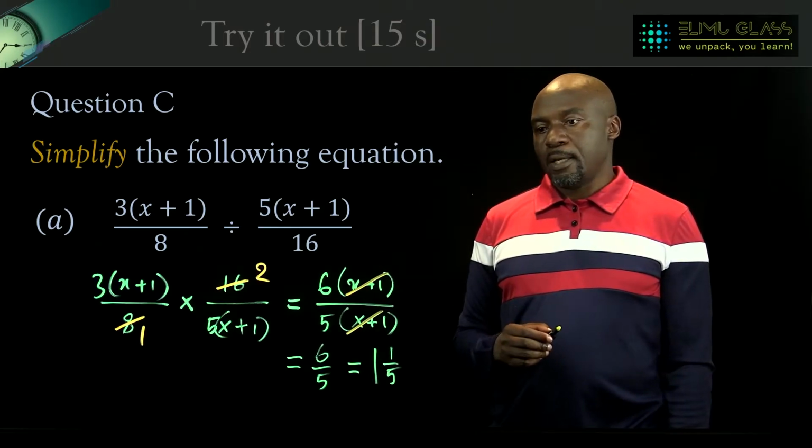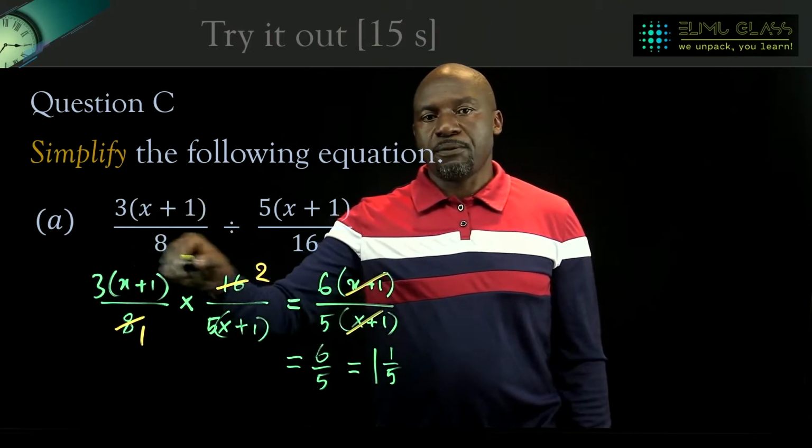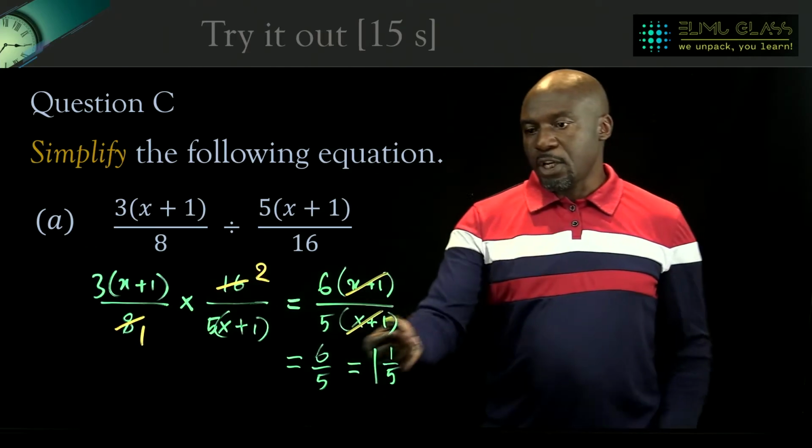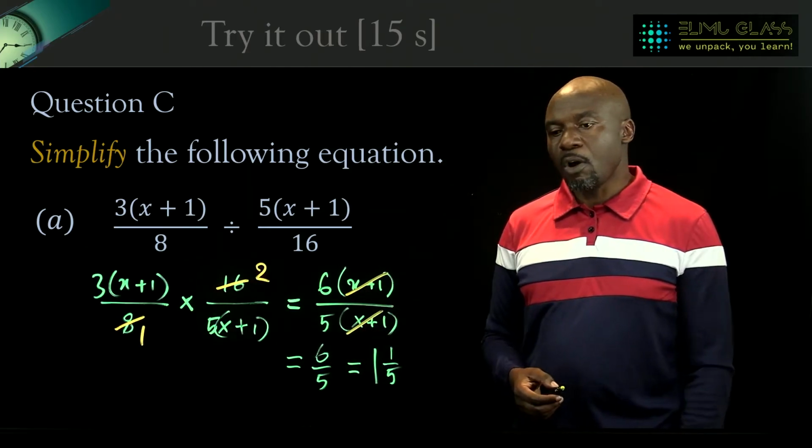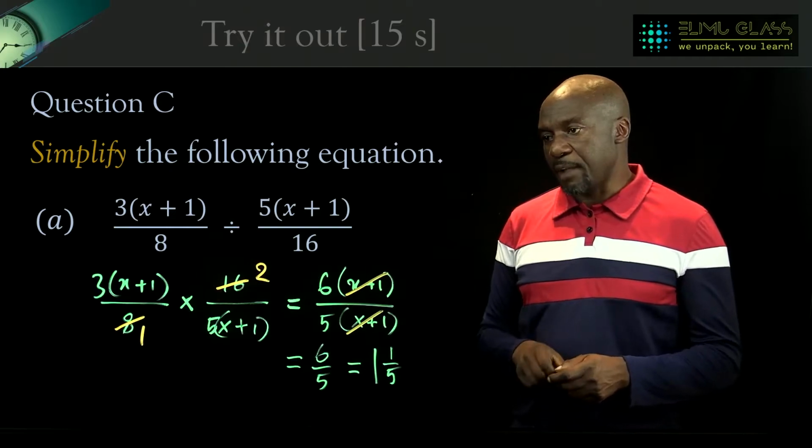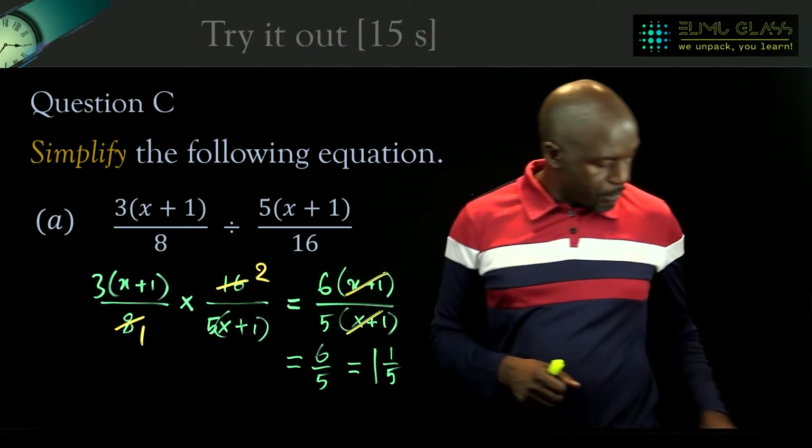All right? And so this simplifies to just 6 over 5, or 1 and 1 over 5. Okay? Let's go to the next one.